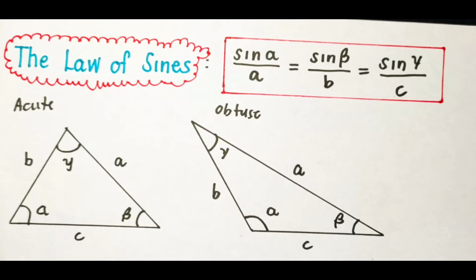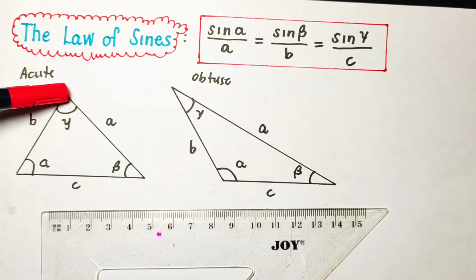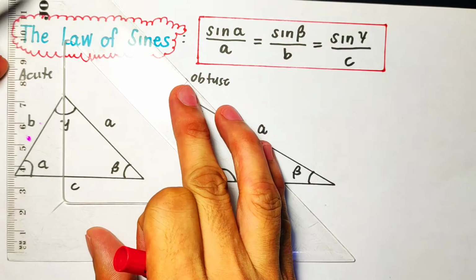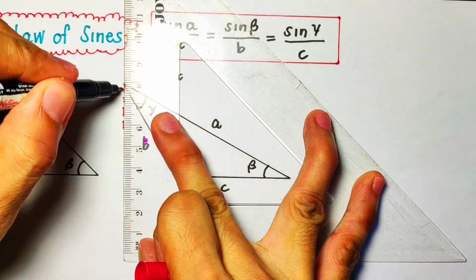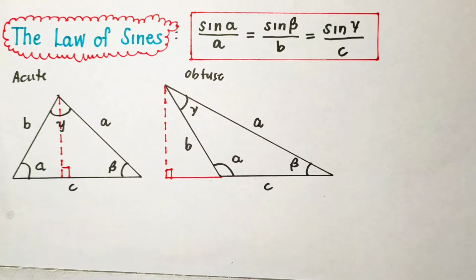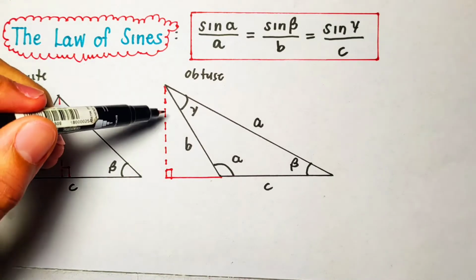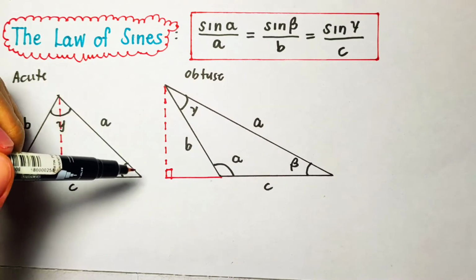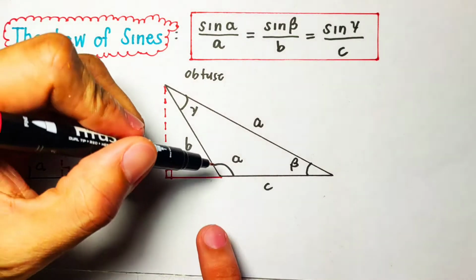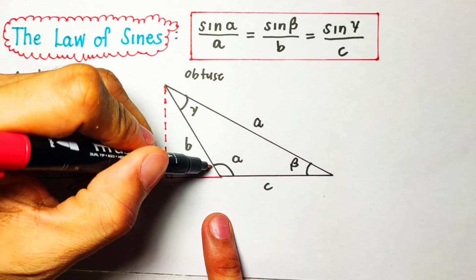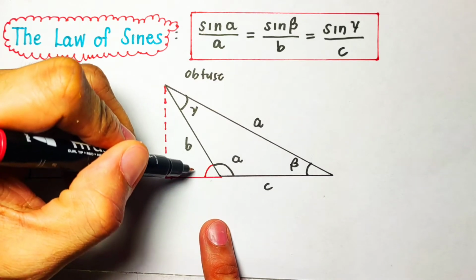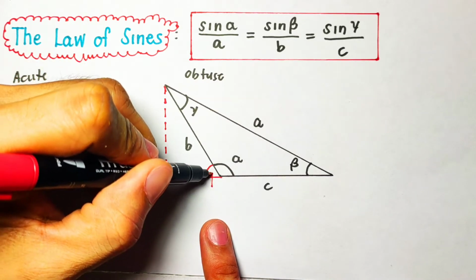I'm going to show you how to construct the altitude. Okay, so let us draw the altitude here. So this altitude is perpendicular to side C and this one is perpendicular to the extension.